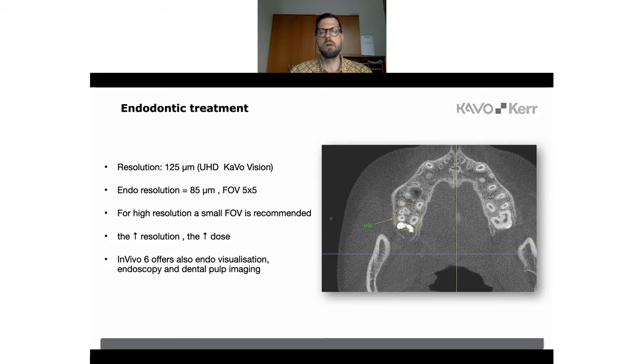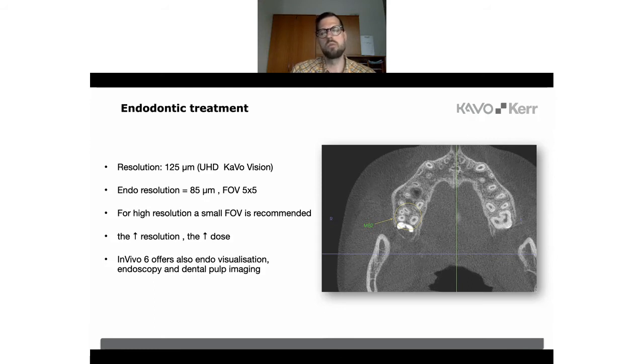So in the KaVo units, if you choose to go for a high resolution, the unit automatically forces you to go to a small field of view, so that the patient doesn't get so high radiation. So the same is here. As the resolution goes up, also the dose that the patient gets goes up.